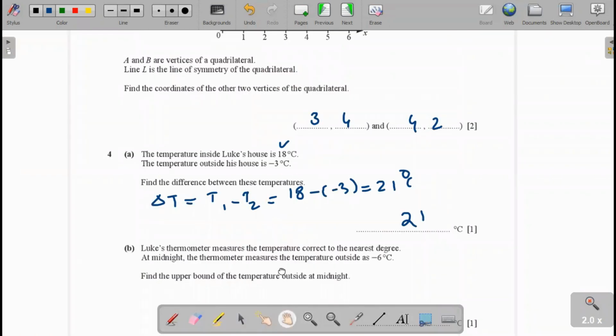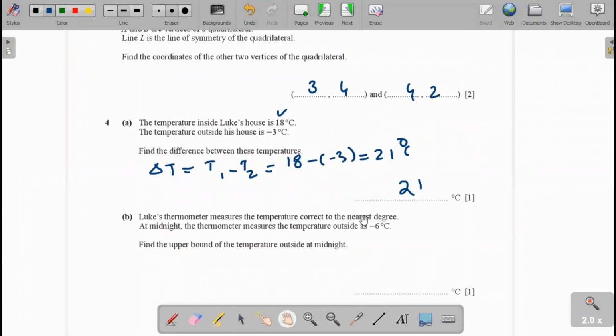Part B. A thermometer measures the temperature correct to the nearest degree. At midnight, the thermometer measures the temperature outside as -6 centigrade. Find the upper bound of the temperature outside at midnight. Where the nearest value is 1 degree.